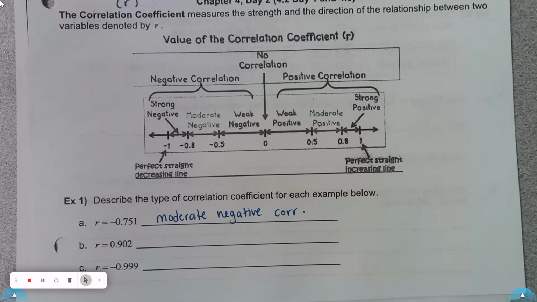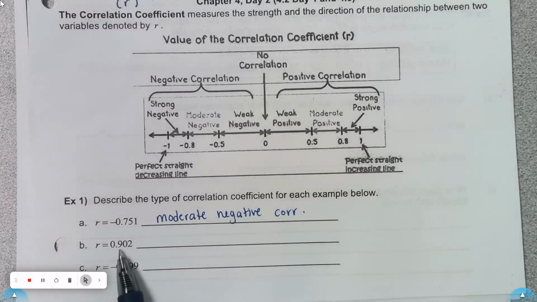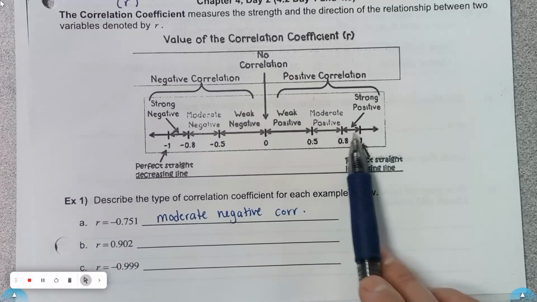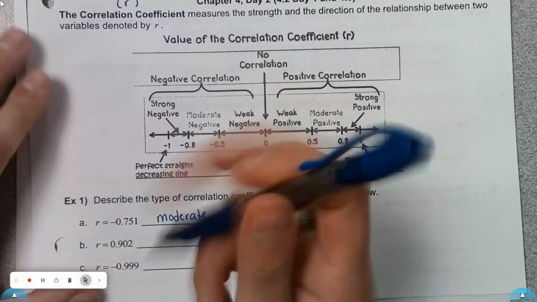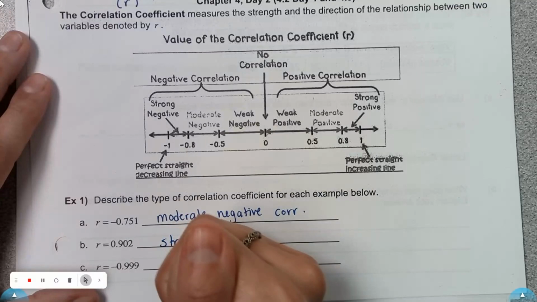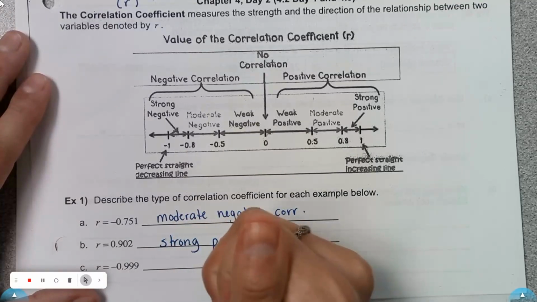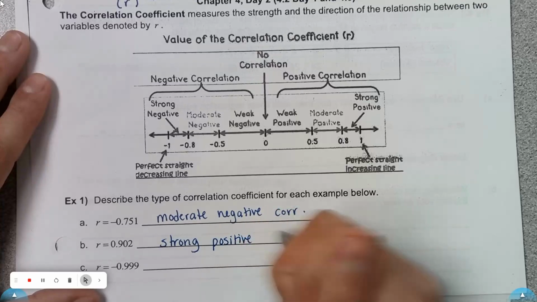For letter B, I can see that it's positive, so I'm going to look at the positive side. I'm going to see where 0.902 falls. If I look over here on the positive side, it falls in here, meaning it's a strong. So I'm going to write strong positive correlation.